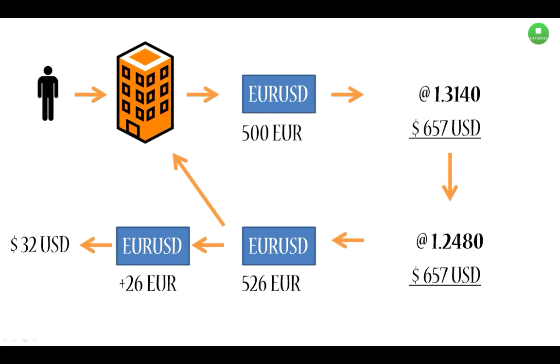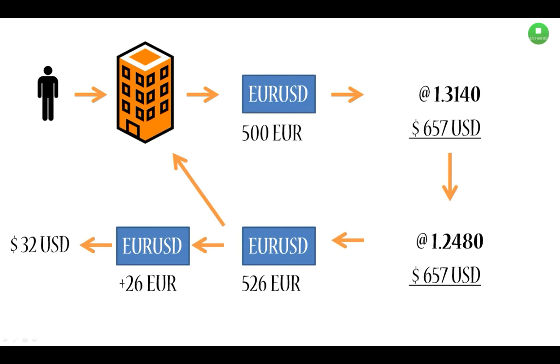You go to your broker, you borrow 500 euros, you sell them at 1.3140 for 657 US dollars. You hold on to your 657 US dollars until the price for euros drops.